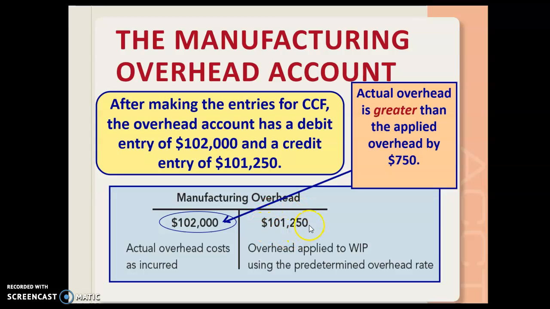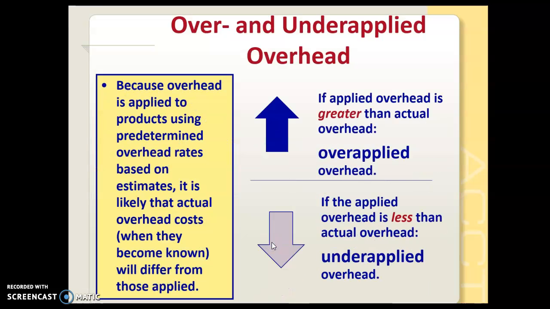We didn't apply, as it turns out, enough. So we under applied. Okay, so here that tells us if the applied overhead is less than the actual overhead, then we under applied the overhead. If what we applied is more than what we actually had, then we over applied the overhead. Okay, those are the words that we use.